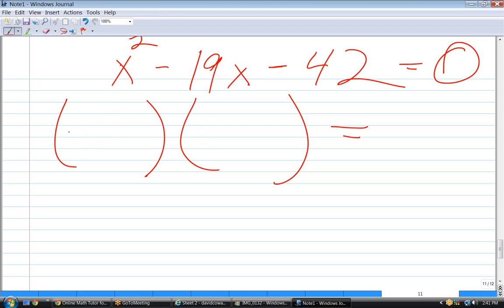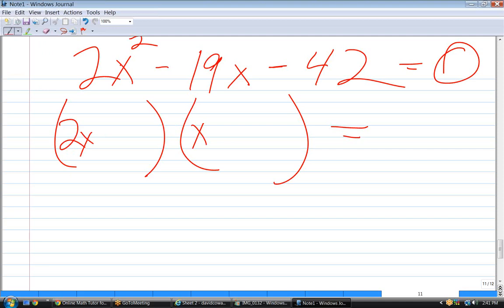It would be plus or minus. Well, when I say separate the x's, I mean break that down into x times x. That's step 1. It won't always be x times x. Sometimes this might be a 2x squared, in which case it would have to be broken down into at least 2x times x.